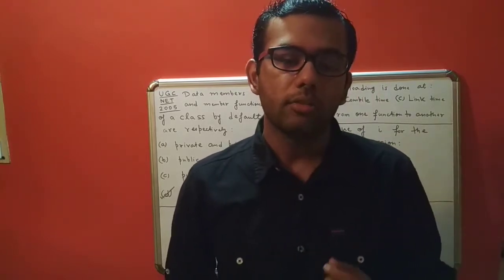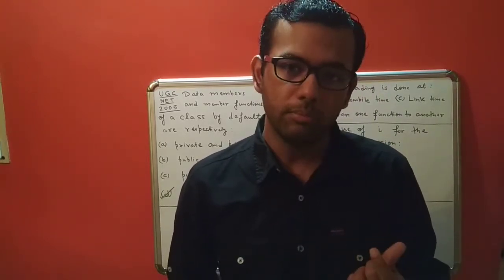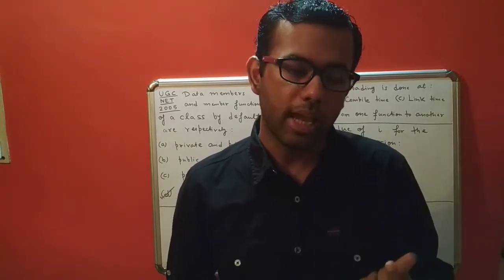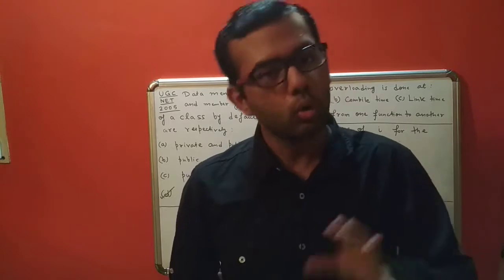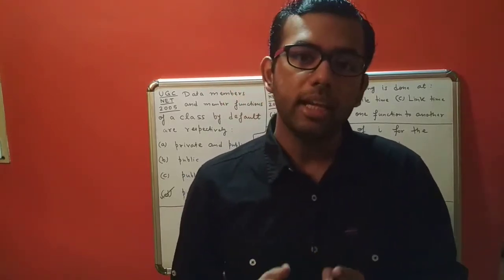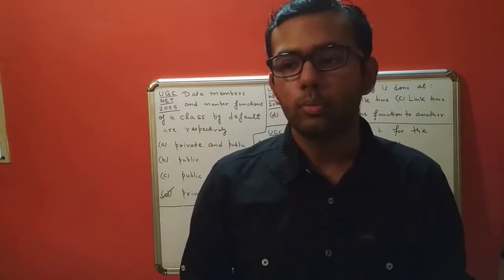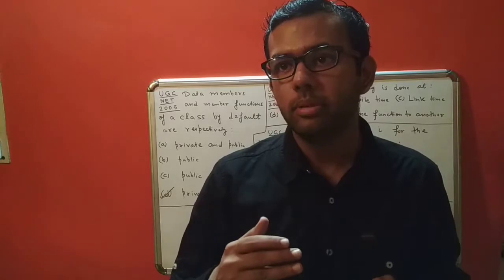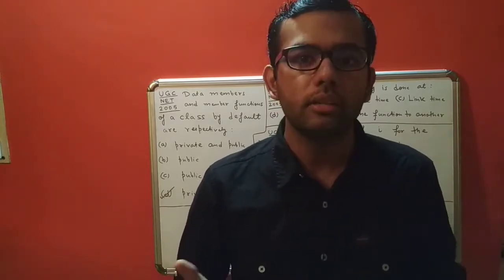See, if we have one function name and the function name takes in different number of arguments and different types of arguments, or only different number of arguments or only different type of arguments, then it is said to be overloaded. So we can have one function name and we can implement 3 types of it.